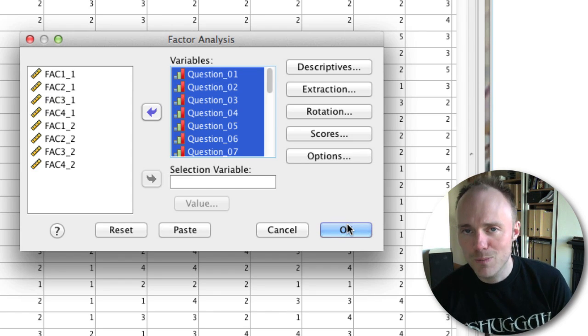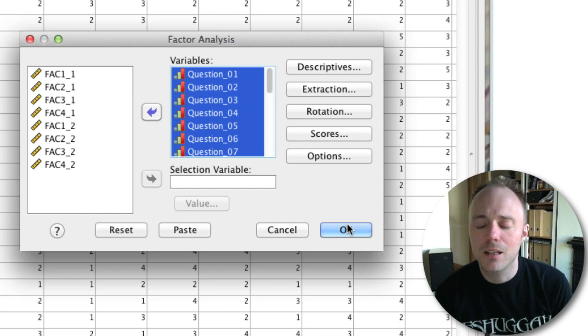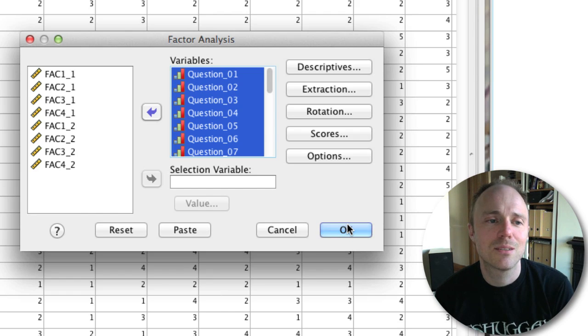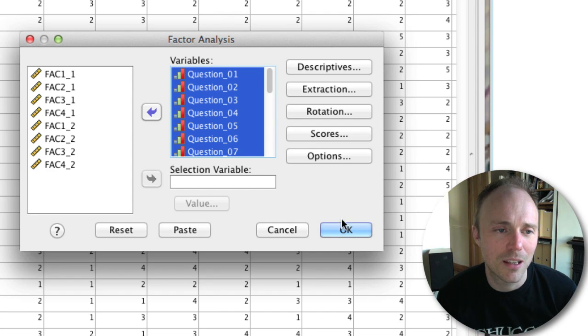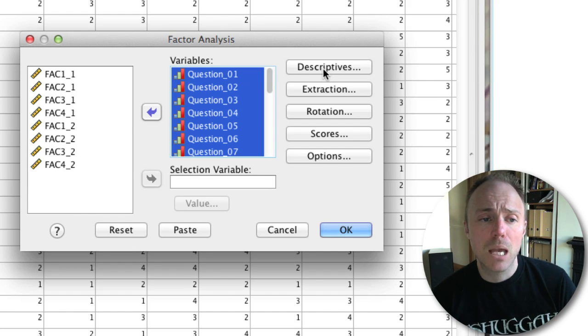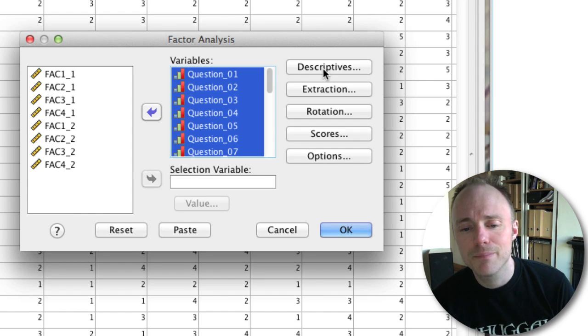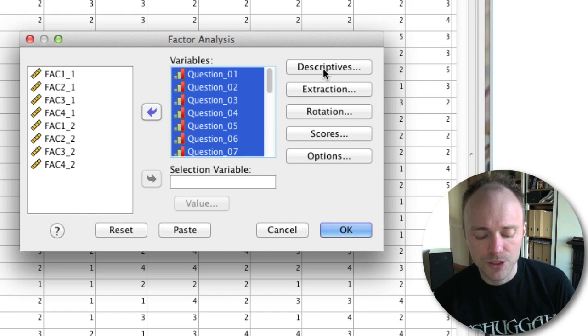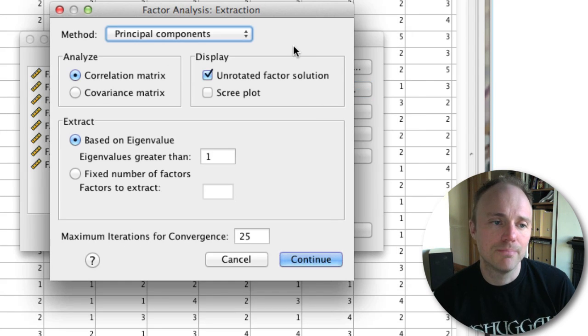However, we'll have a look at a few of the options. Again, the textbook obviously goes into quite ridiculous and meticulous detail about all the options, probably more detail than anyone really cares about. But there's a few important things here for us to consider. The first big important thing to consider is extraction.